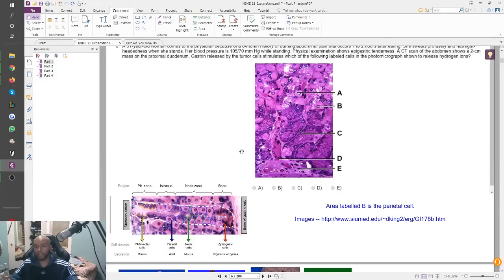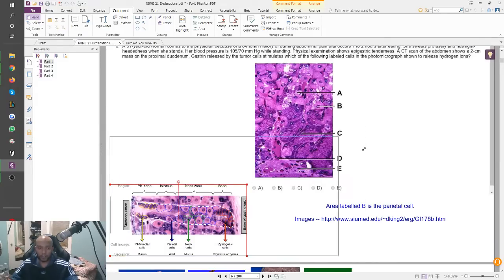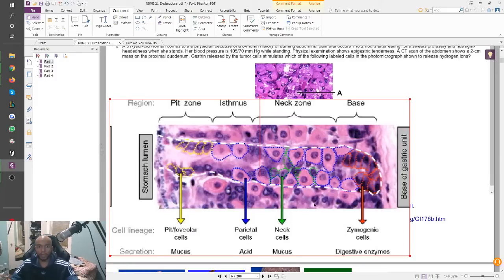They're the ones that are going to release hydrogen ions. This is another image I found online where they actually kind of helped you see it. You can see the parietal cells are the pink cells with a prominent nucleus, an actual nucleus that you can catch. Right? Those are all your parietal cells. The other things, your dark cells at the bottom here, these are your zymogenic cells, which are going to release digestive enzymes.